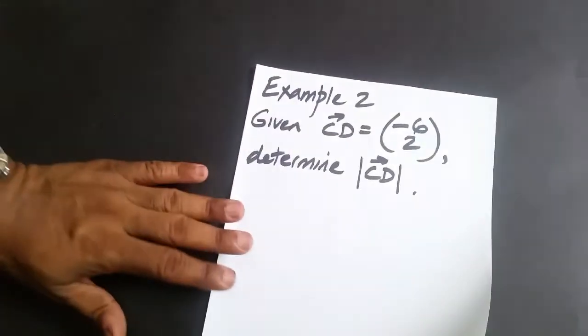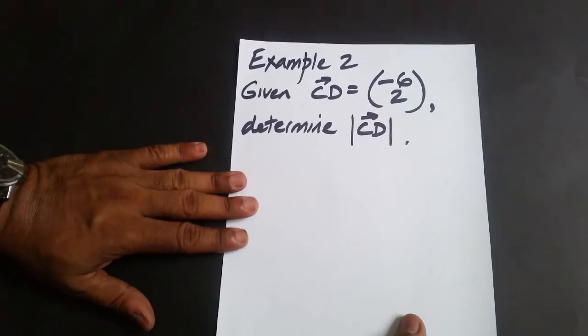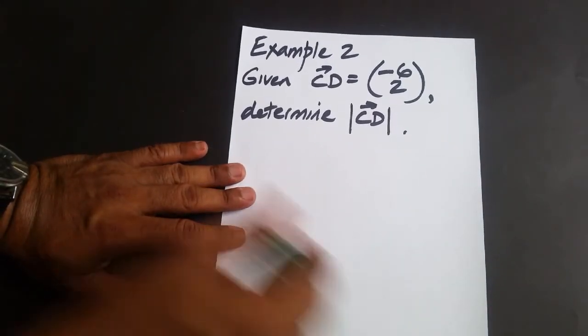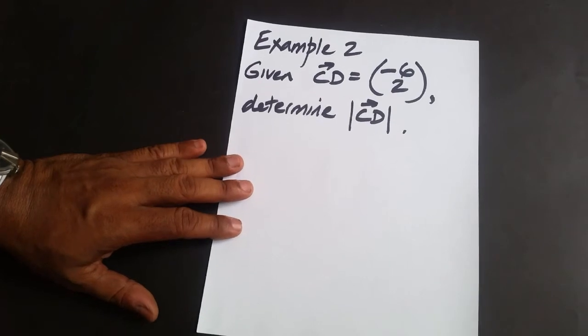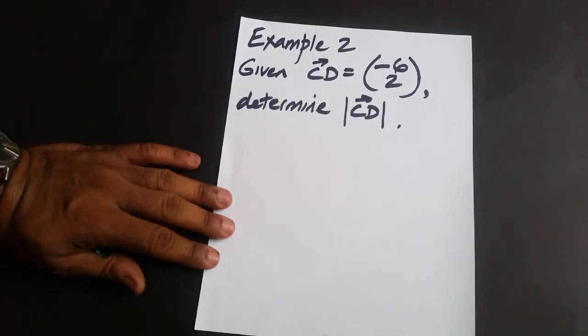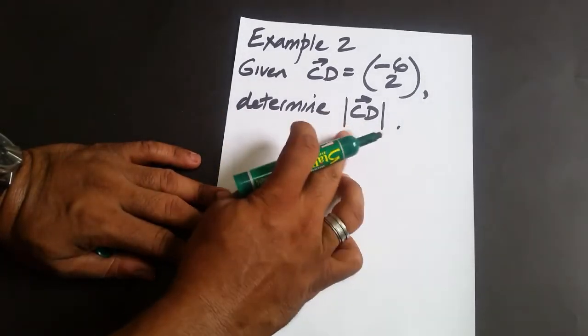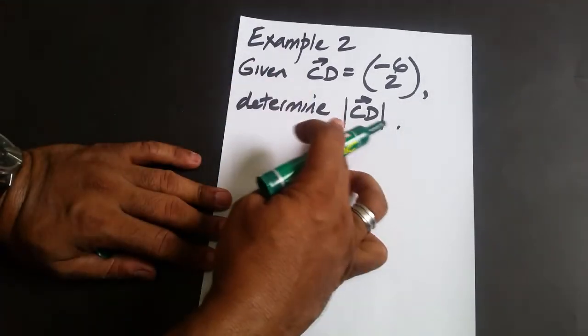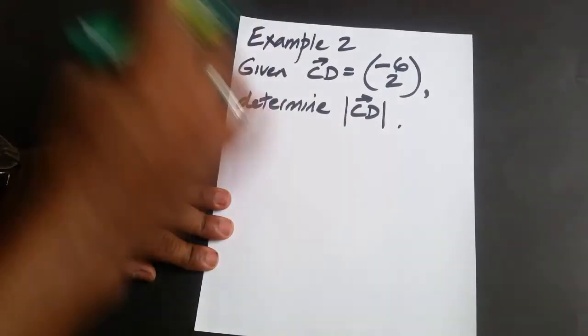Okay, so here's our second example. Given CD equals (-6, 2), determine the magnitude of CD. Remember, that means magnitude. In this particular case, I opted not to put the word magnitude in, because you should now know that this means the magnitude of CD.